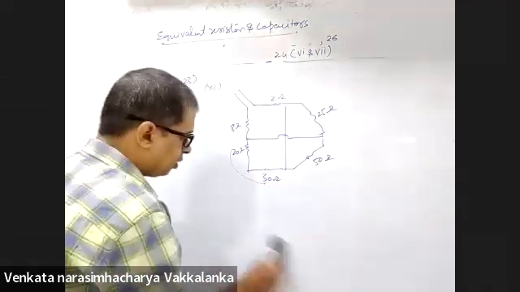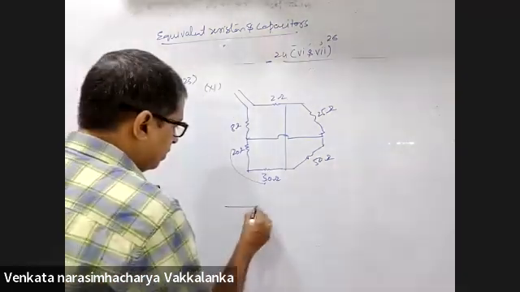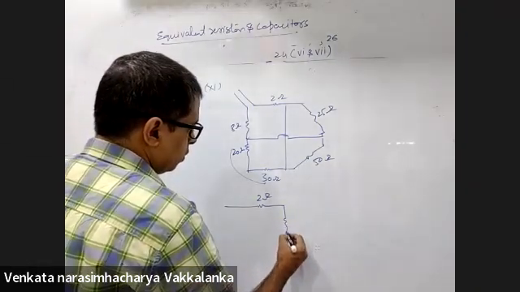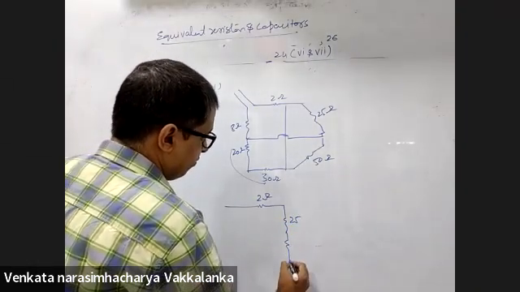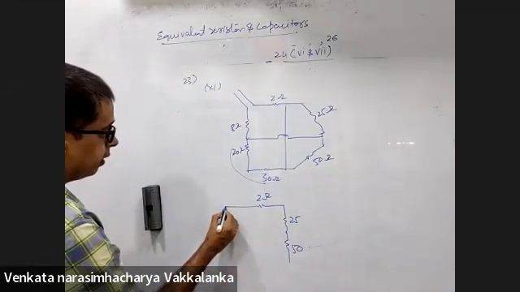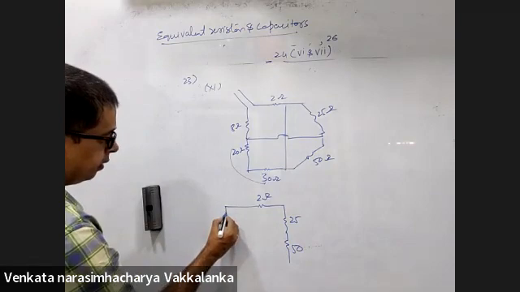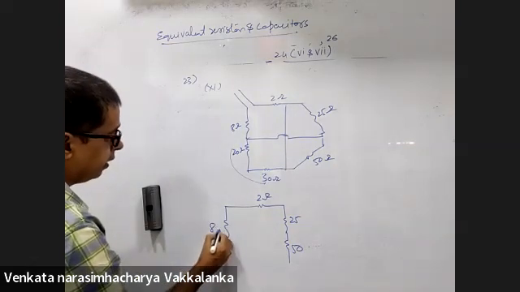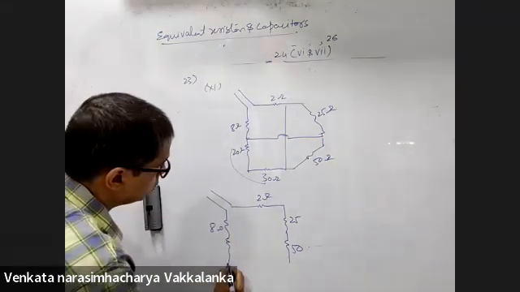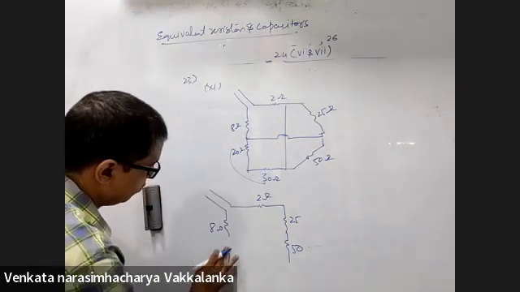Right. I'll redraw the circuit like this. Just a minute. This is 2 ohms. This is 25. This is 50. Eight ohms. This is 50.